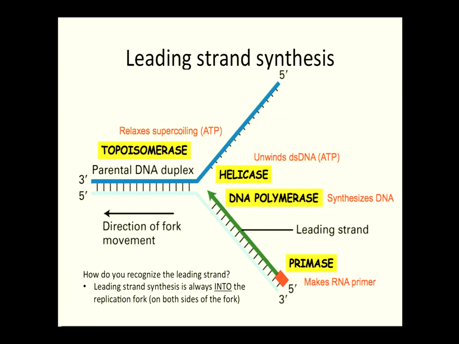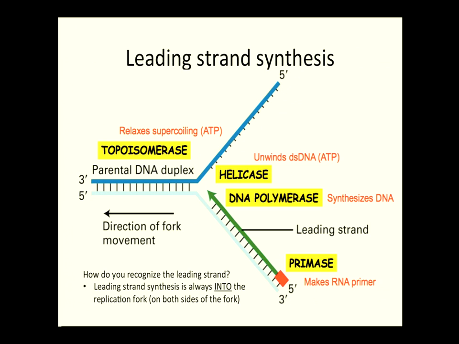Okay, so lagging strand, or the leading strand synthesis. The best way to recognize which one is your lagging strand and which one's your leading strand is to see the direction of replication for that strand. So if you're going into the fork, that's going to be your leading strand, right?